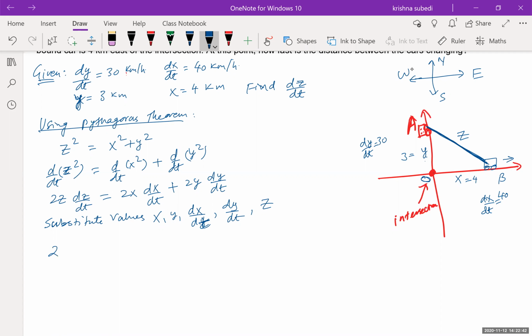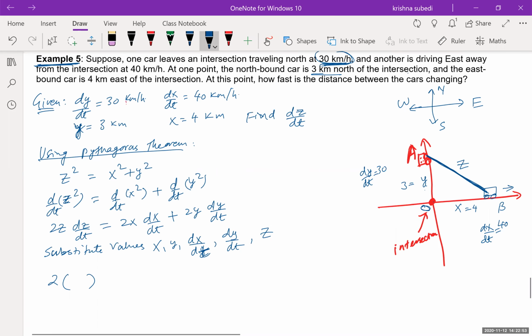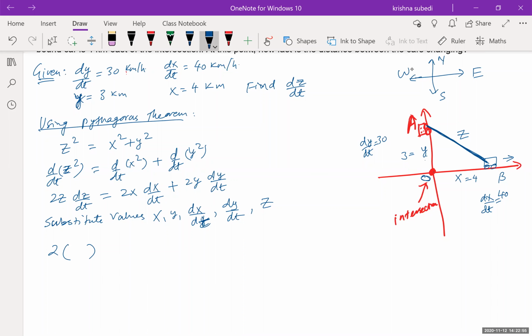Z is not given explicitly here, but similar to the previous example, we can calculate it using the Pythagorean theorem: z squared equals x squared plus y squared, which is 4 squared plus 3 squared.